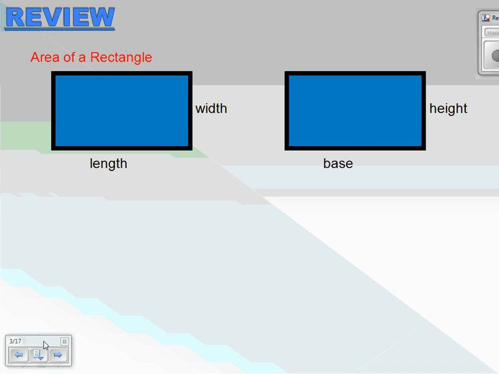I want to review really quickly about area. So, who remembers what the formula for figuring out the area of a rectangle is?